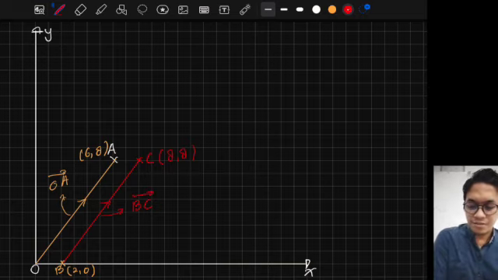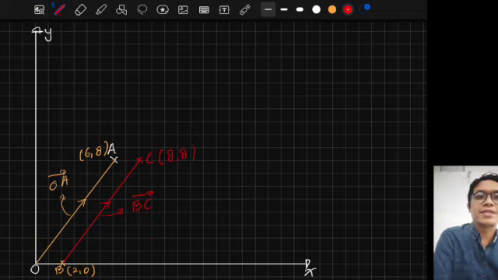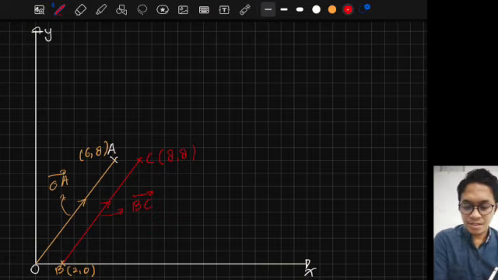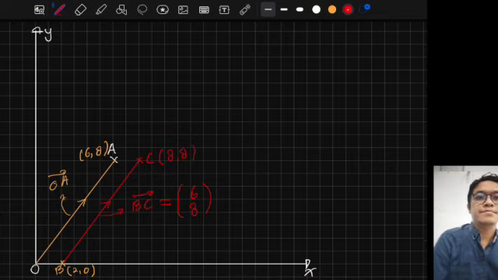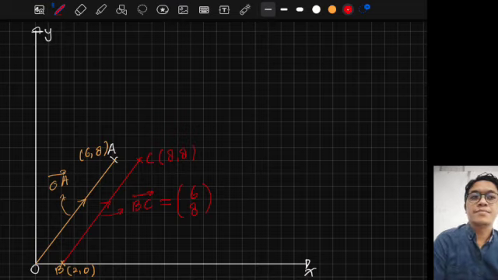Now, if I ask you, what does the vector BC actually represent? If you look at the diagram, you can see the column vector of vector BC is also (6, 8), so 6 to the right and 8 up. So does it mean the vectors OA and BC are the same?